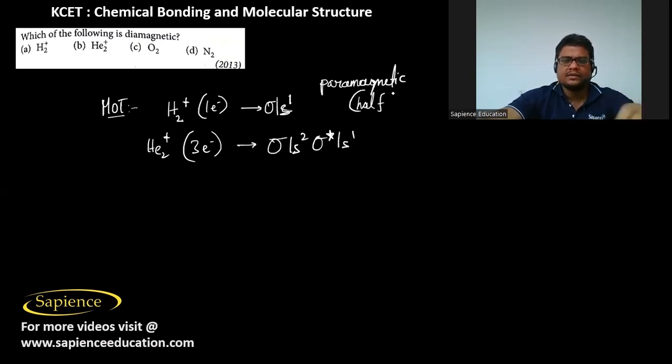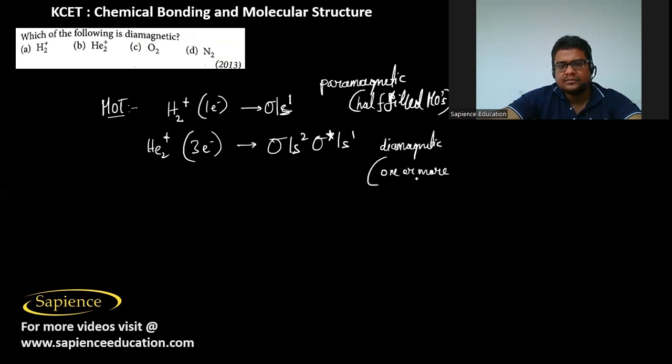And if all the molecular orbitals are fully filled, there is no half-filled molecular orbital, then it will be diamagnetic.